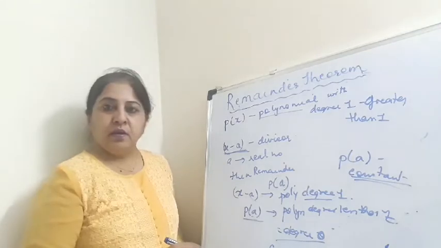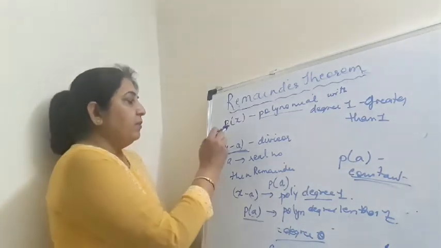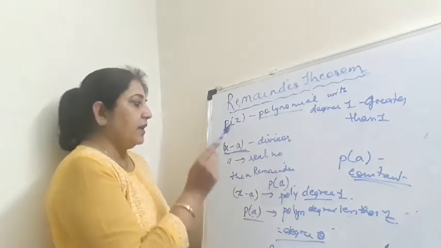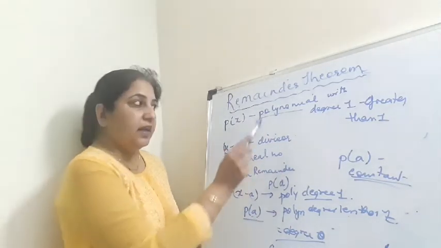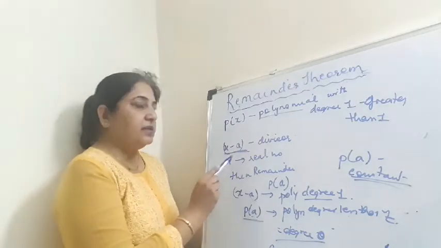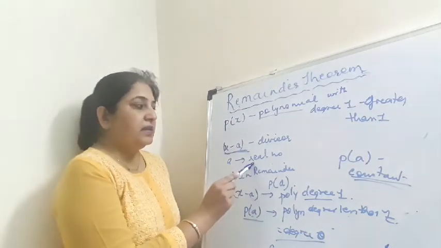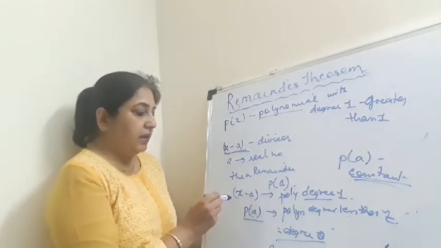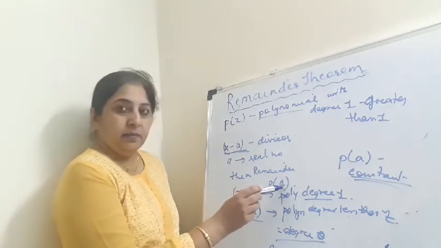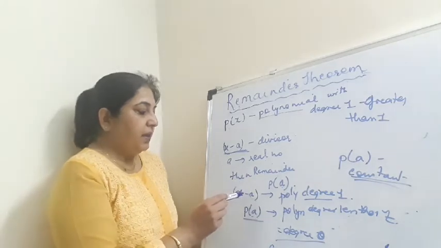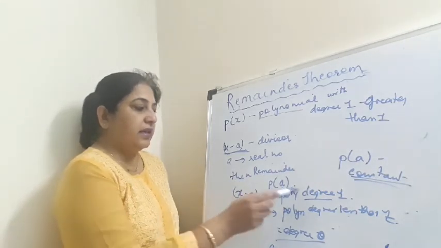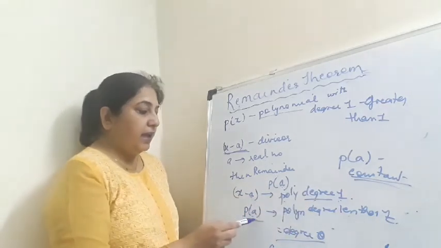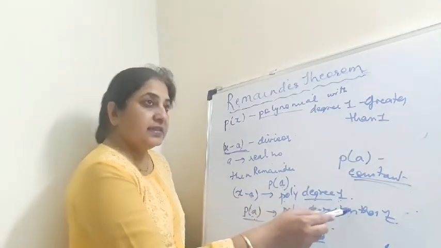So I repeat, if a polynomial with degree 1 or greater than 1 is taken, and x minus a is the divisor of that given polynomial, where a is a real number, meaning it can be a rational or an irrational number, then the remainder will be P(a). And because x minus a is a polynomial of degree 1, P(a) will be a polynomial of degree less than 1.